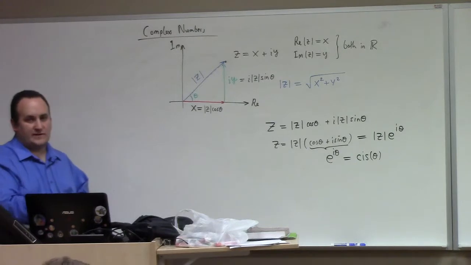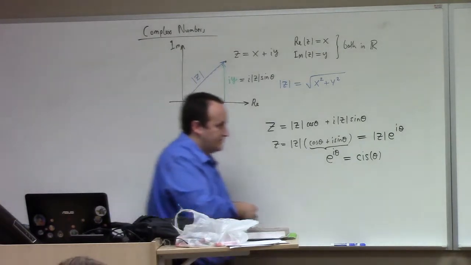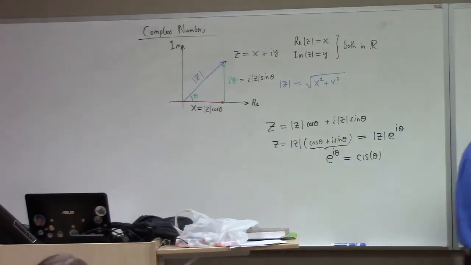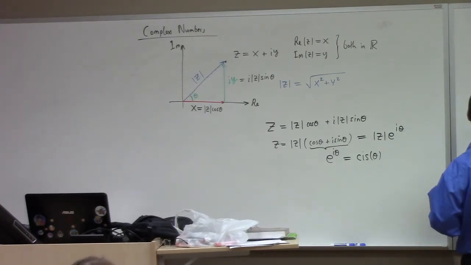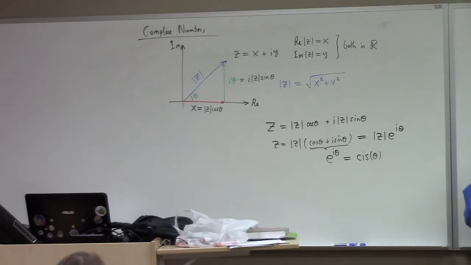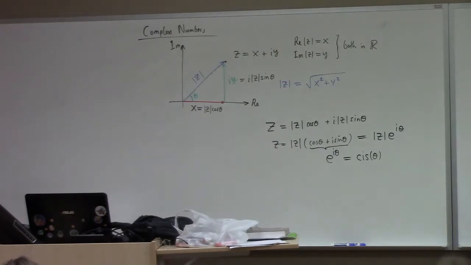And this, of course, is the what? Here, for example, if I have 1 over 3 plus 2i, right? I can write that as 3 minus 2i over 3 plus 2i times 3 minus 2i, right?